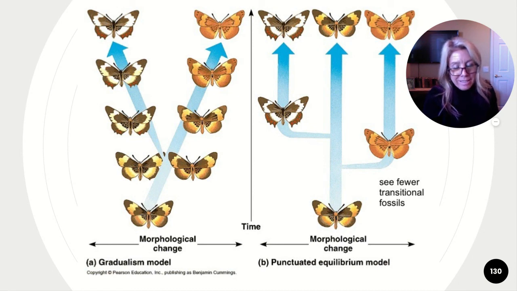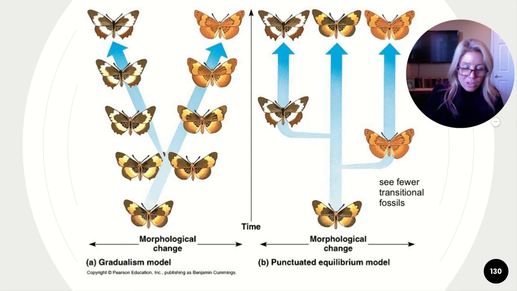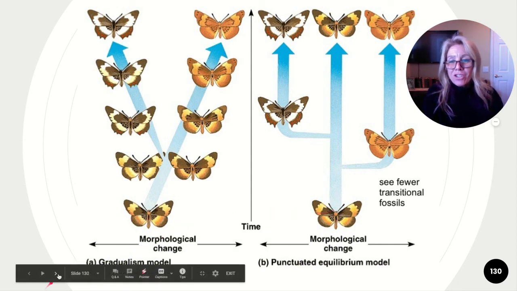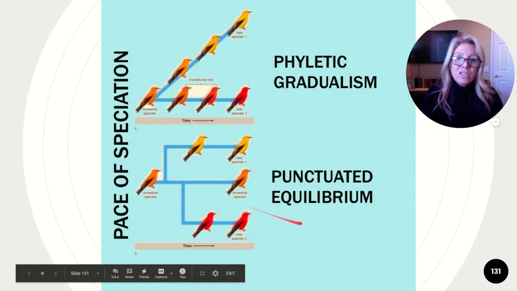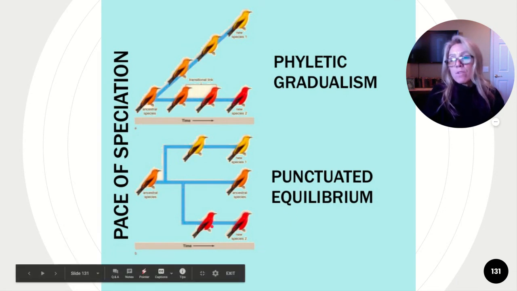So quite suddenly, and followed by a period of equilibrium or stasis. Those are the two extremes, really long time and really fast, and it could be anywhere in between. So it could be both depending on how quickly the environment changes. All right, so here's another diagram showing you phyletic gradualism with a lot of intermediates, and then punctuated equilibrium. You would not see a lot of those transitional forms.